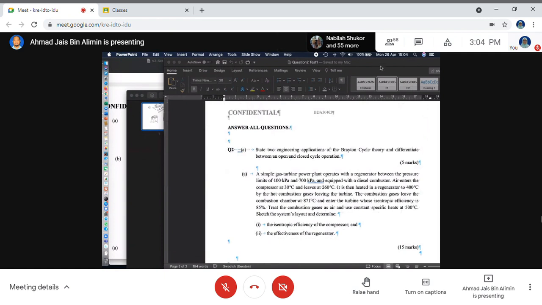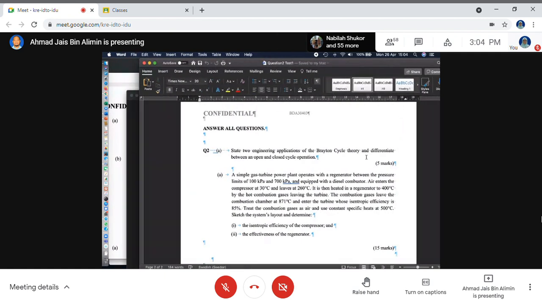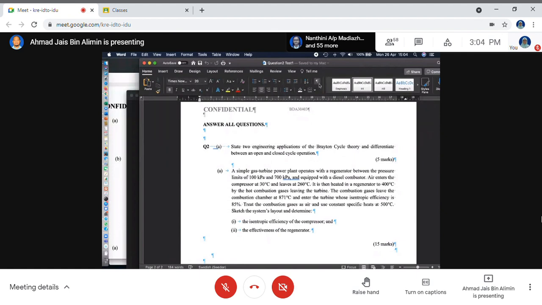This is the example on question number 2 on Brayton cycle. Sama juga approach dia. Application of Brayton cycle theory and differentiate between open and closed cycle operation. Itu ada simple gas turbine power plant, ada regenerator, lepas tu ada combustor. Suhu semua diberi dan kirakan.